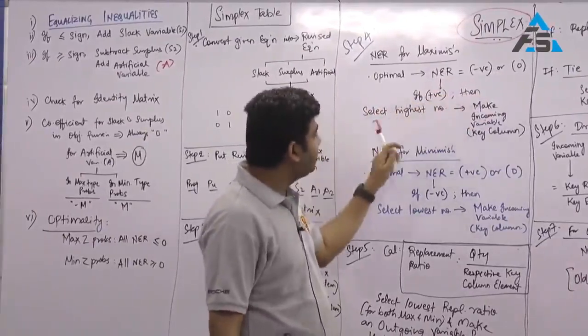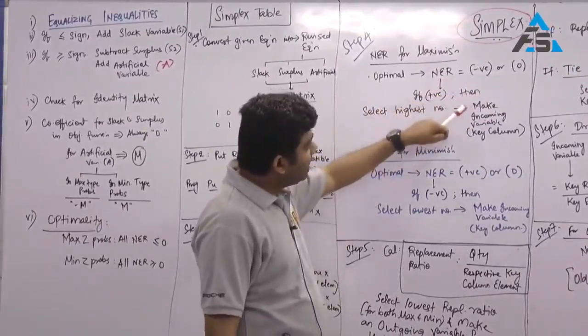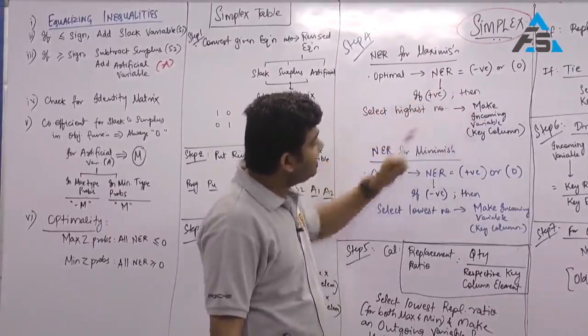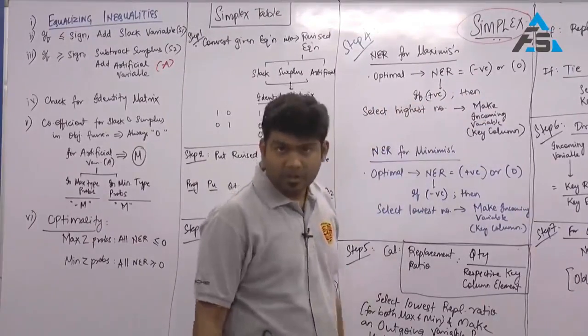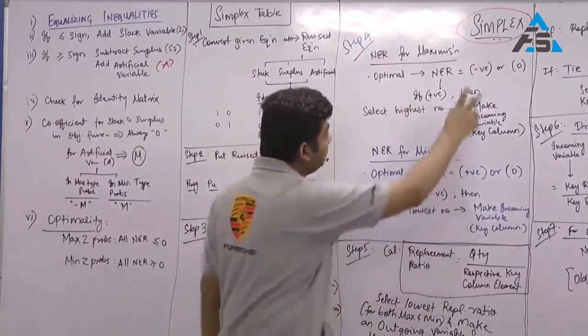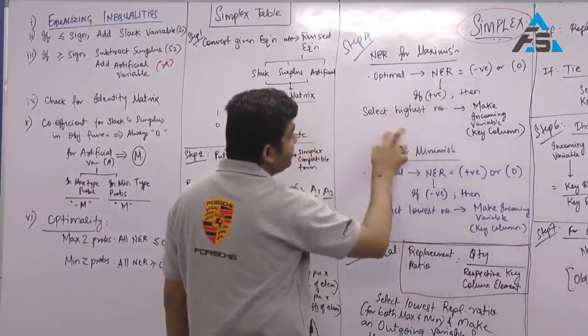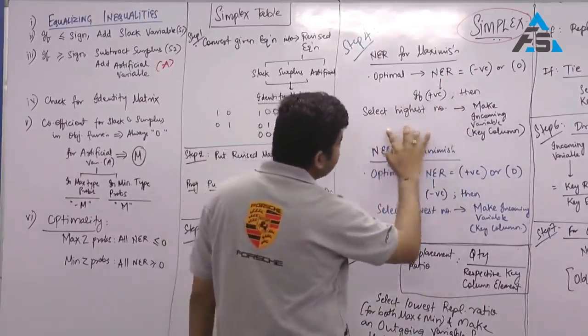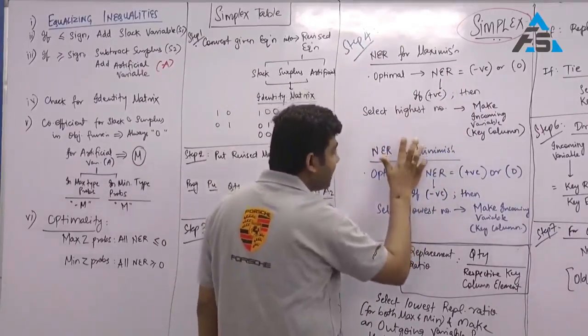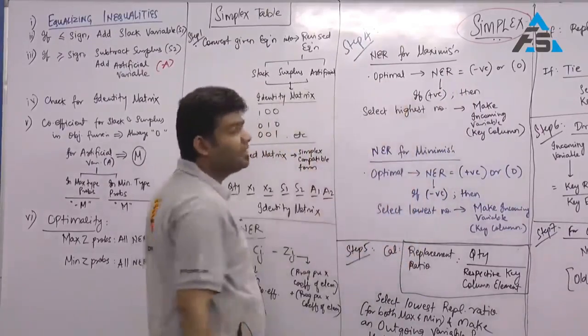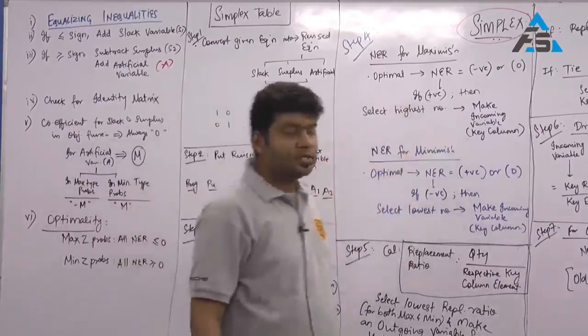If positive, then select the highest number and make an incoming variable from that highest number. So maximization type problem, then NER positive. तो जो भी NER मेरा positive आया है, उस positive NER में से highest number select करने का and make an incoming variable from that number key column.